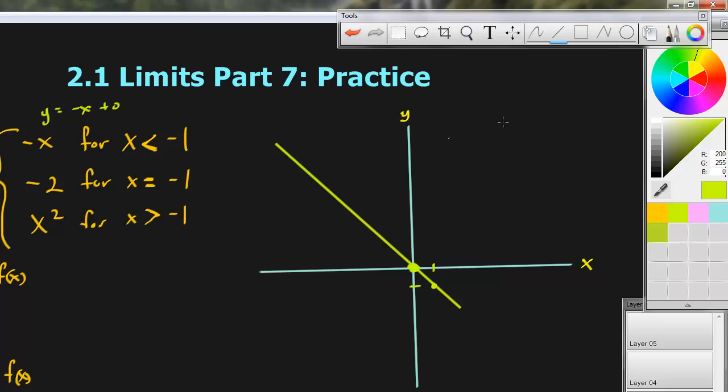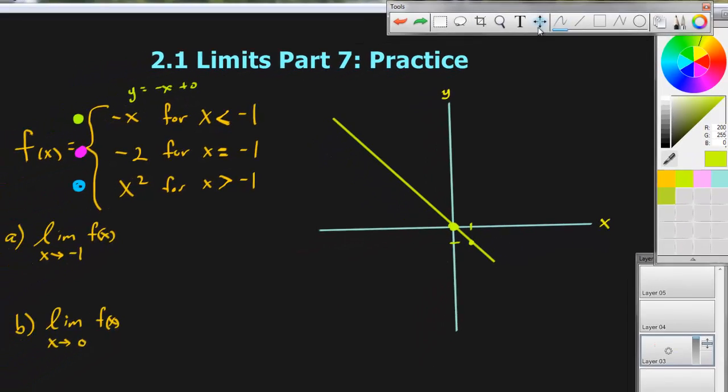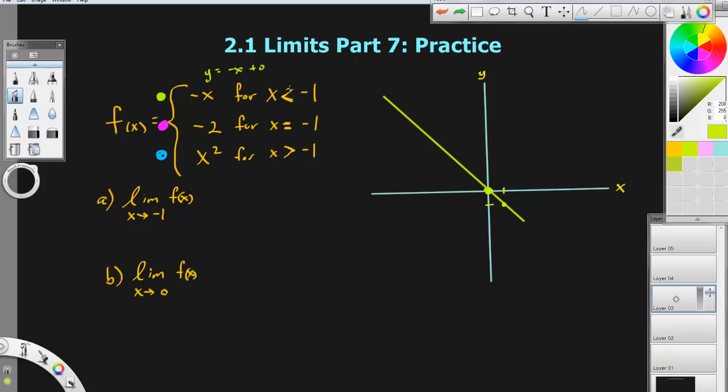So it behaves like that for values less than, there we go, negative 1. For values less than negative 1. Now here's negative 1. I'm just going to call that negative 1 right there.